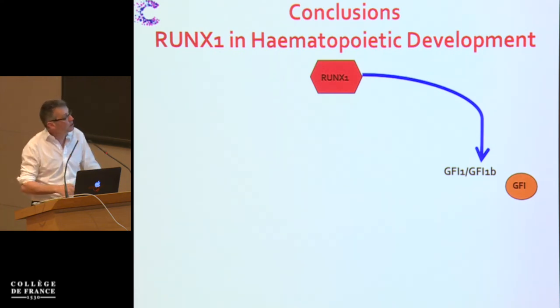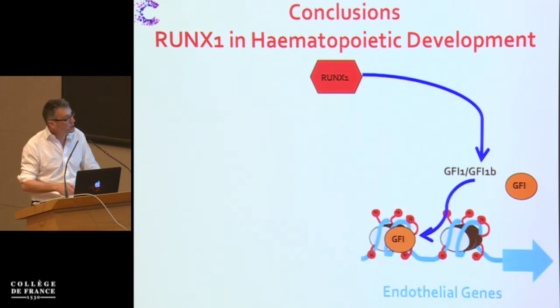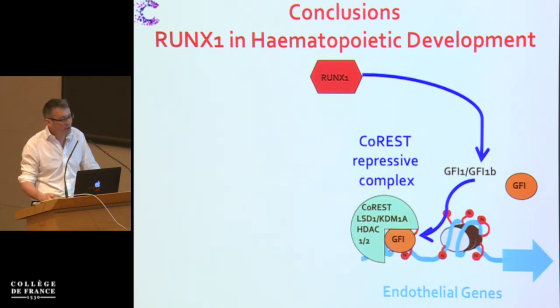But during this transition, RUNX1 induces the expression of GFI1 and GFI1b, which will be recruited at the level of endothelial genes. We think perhaps RUNX1 is already binding here because we see a lot of RUNX1 binding, so perhaps there is a cooperation between the two genes. This will recruit the CoREST repressive complex, and this will shut down this endothelial program in this hemogenic endothelium.